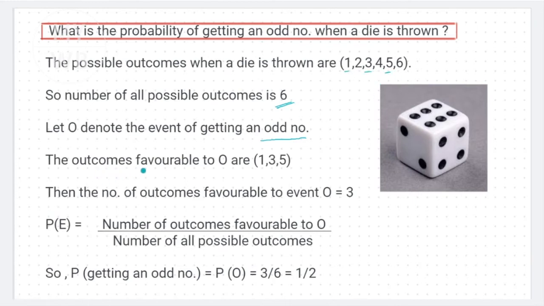The number of outcomes favorable to event O is 3. So the probability of getting an odd number is the number of favorable outcomes, 3, divided by the number of all possible outcomes, 6. Simplified, it gives half.